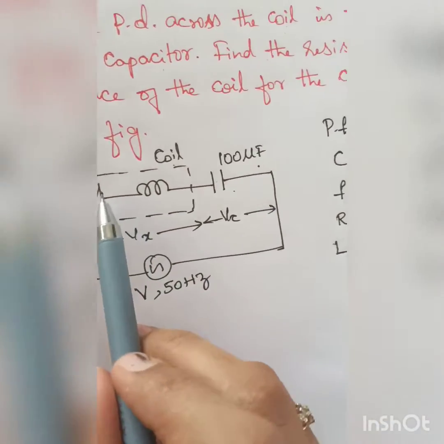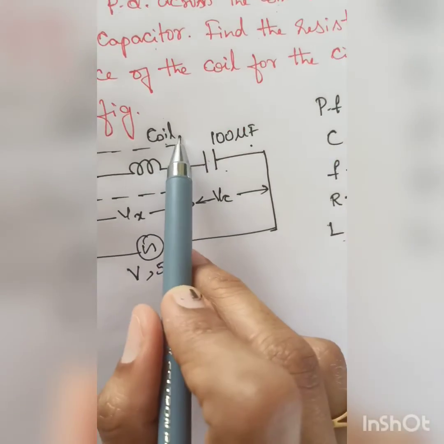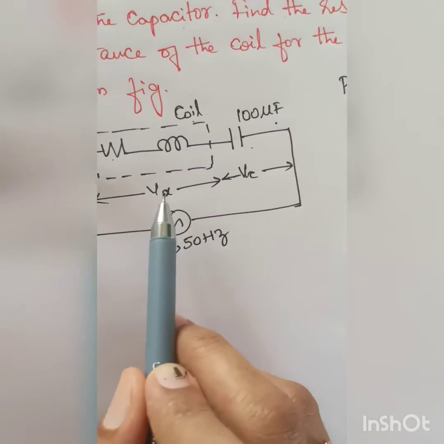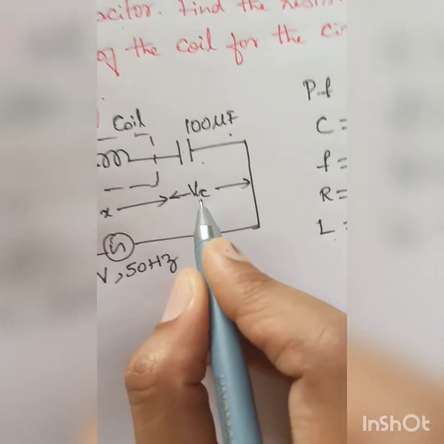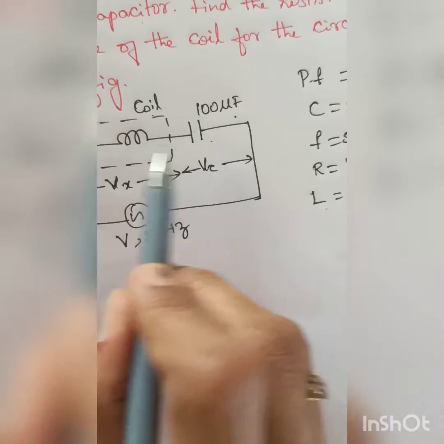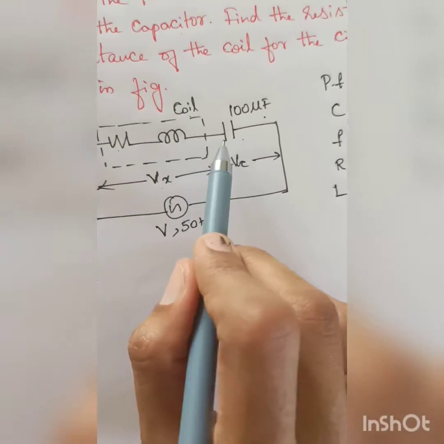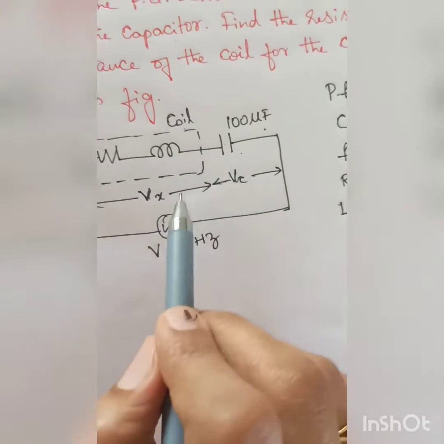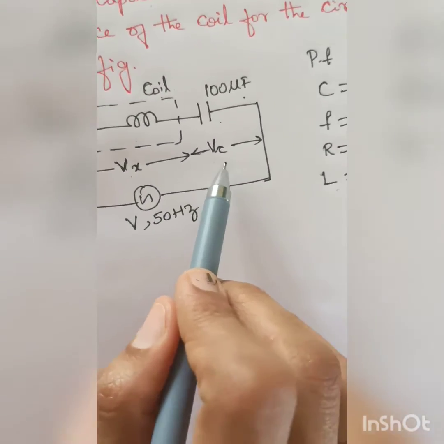So here R and inductance will form a coil, and this has a voltage Vx, and the capacitance voltage drop is Vc. We can say this Vx is equal to Vc because these two are in series combination. That's why we can write Vx is equal to Vc.